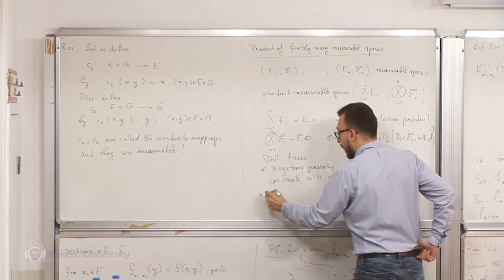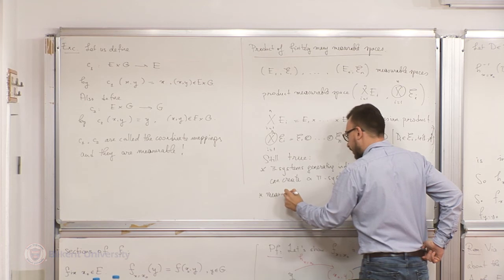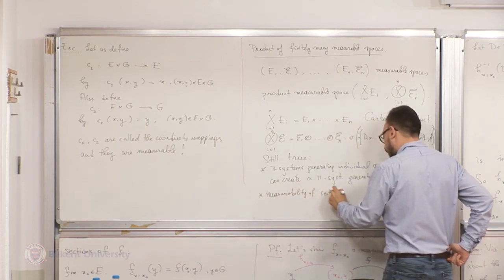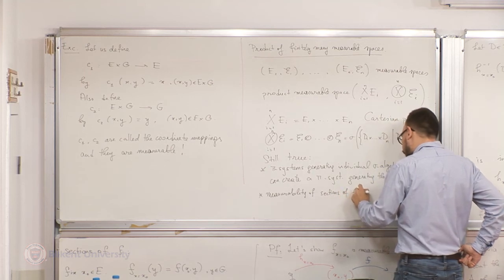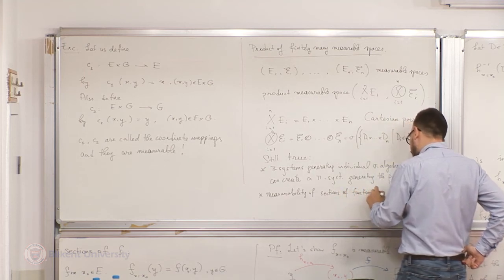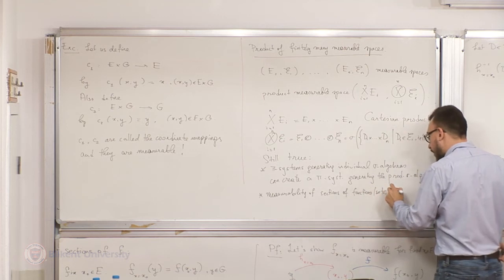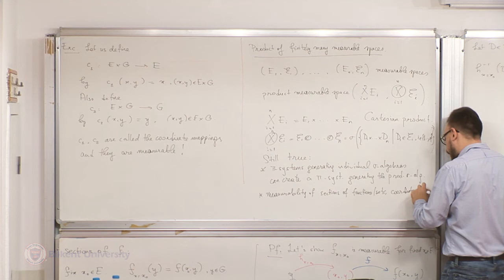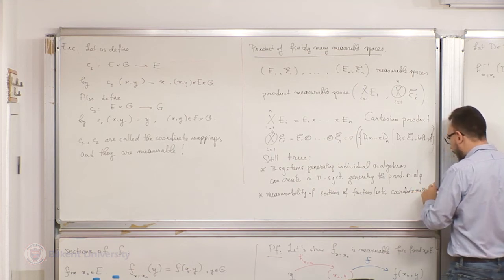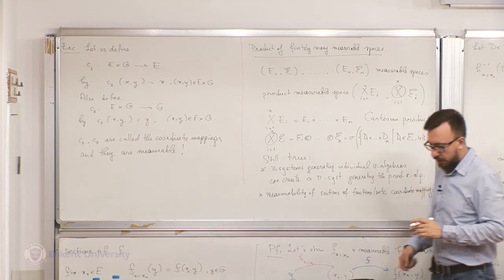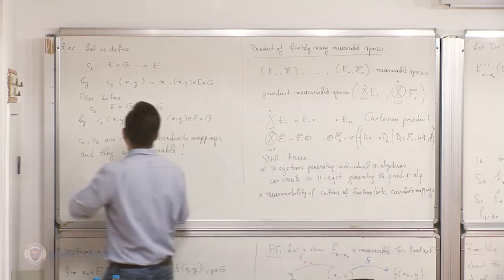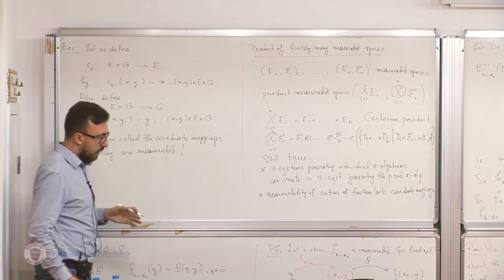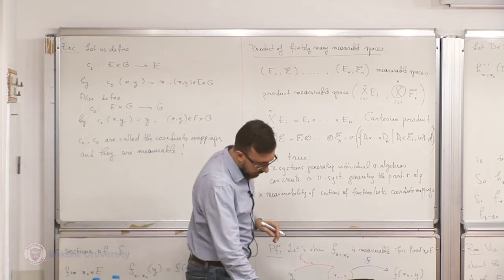Those propositions like measurability of sections of functions or sets, measurability of coordinate mappings, they're all valid. I don't need to say anything. If you have an n-dimensional space, you have the first coordinate mapping, second coordinate mapping, nth coordinate mapping. That is just an extension.